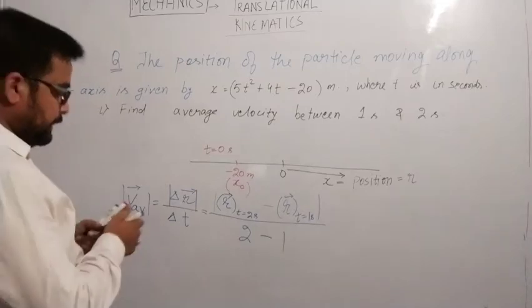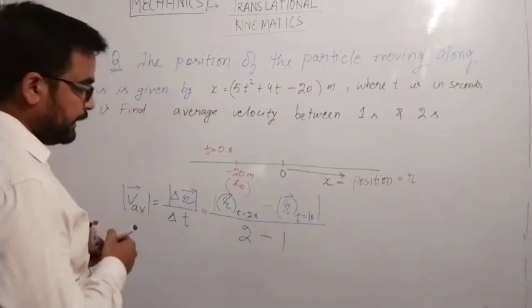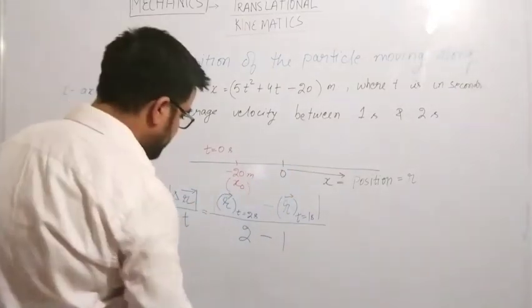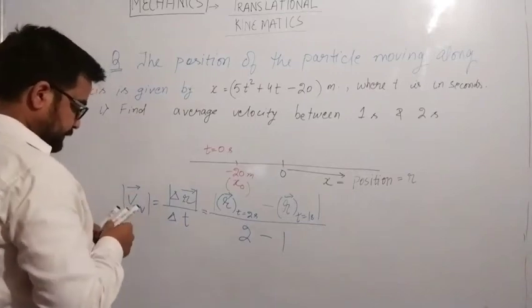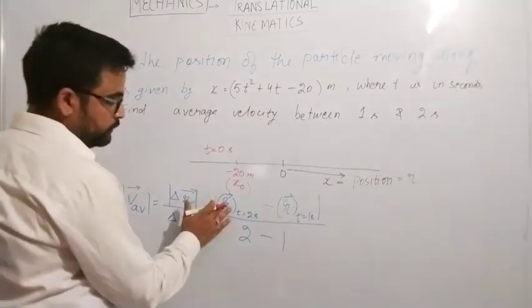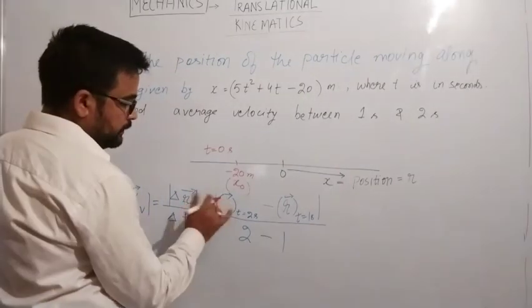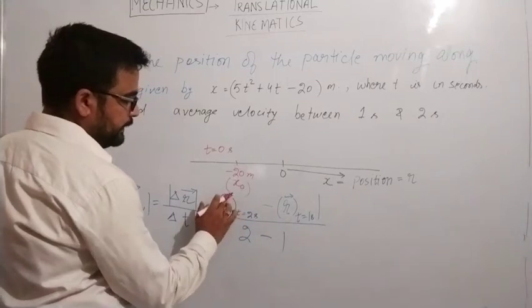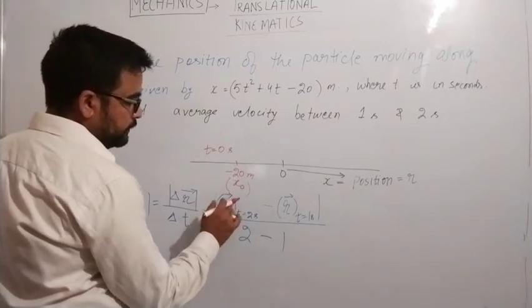So what is R? Instead of R you can write x, right? So position is, you can write x. So I'm putting here x at t is equal to 2 seconds, right?